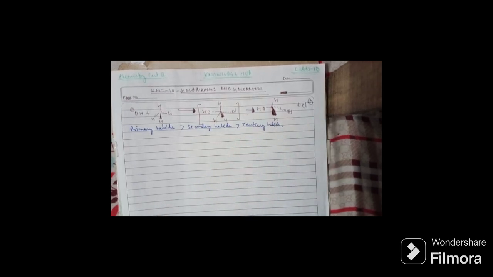Okay, so we are discussing methyl here, ethyl 1 degree, then isopropyl 2 degree, and tert-butyl which is 3rd degree. So let's go for it. First we discuss methyl.